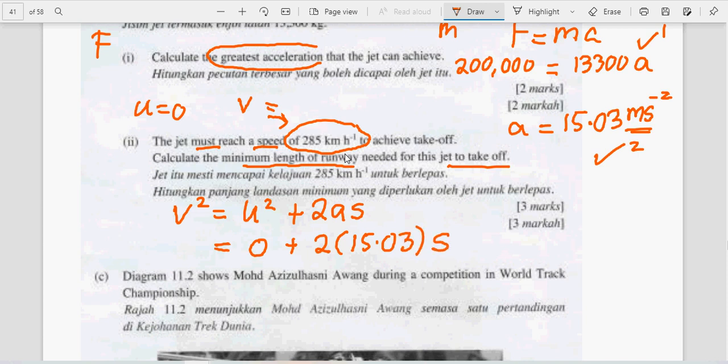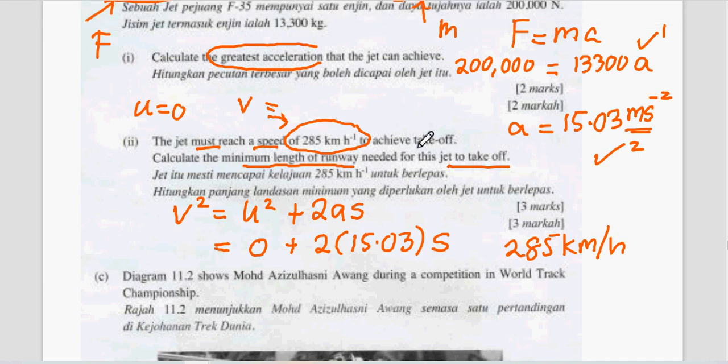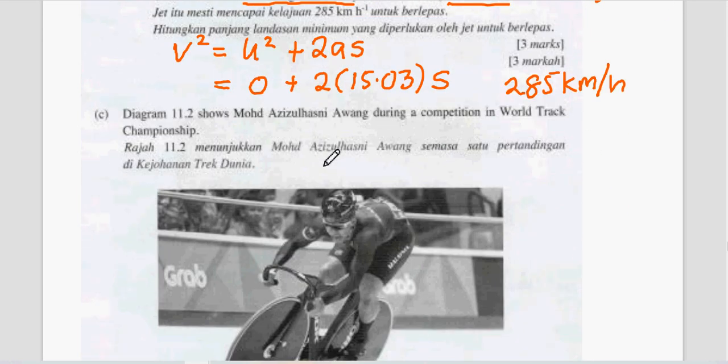Now your v is given in kilometer per hour, so this must be changed. 285 kilometer per hour, mesti tukar. This must be changed to meter per second. How to change that? Any idea?